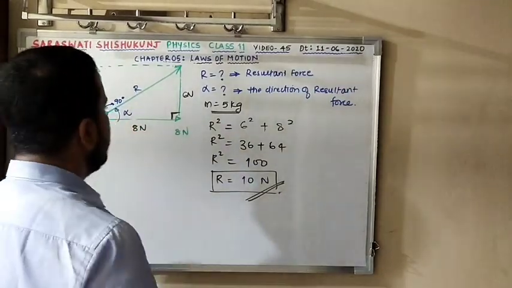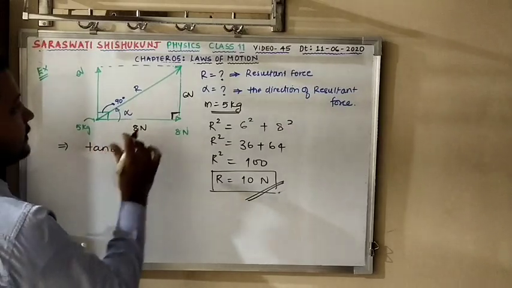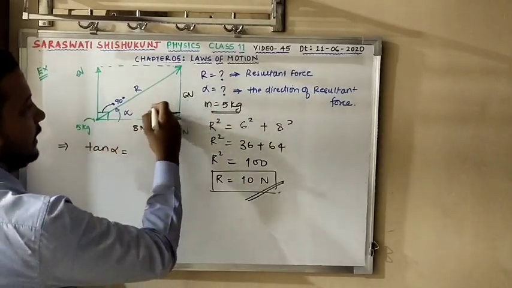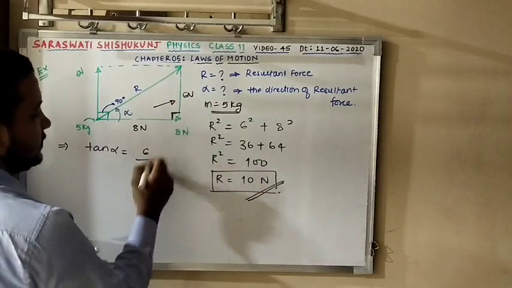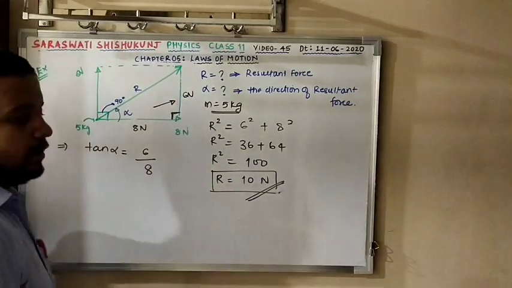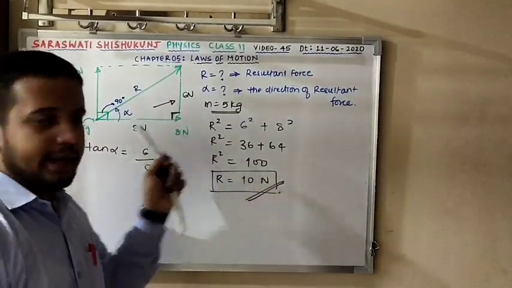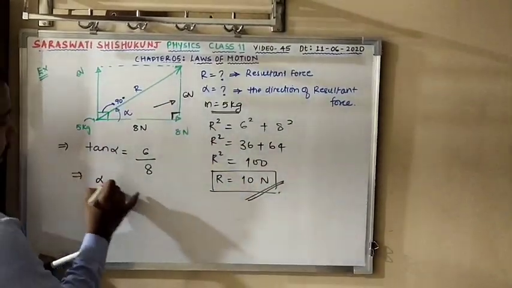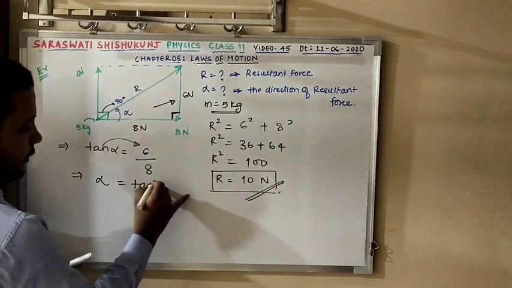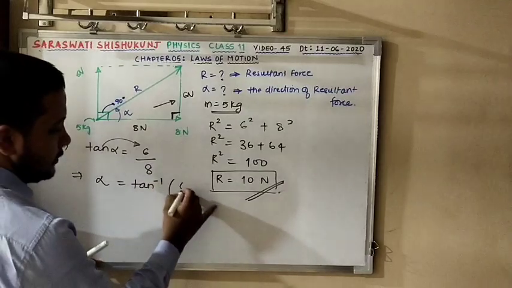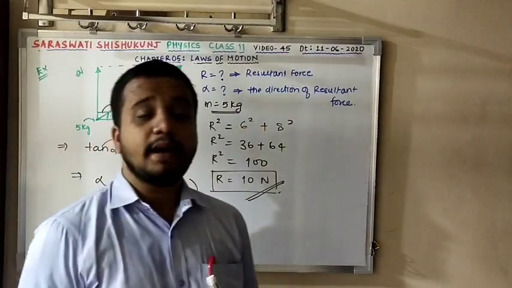Now if I want to find this alpha, can I apply tan alpha? Tan alpha is equal to opposite side over adjacent side. Opposite side is 6 Newton, adjacent side is 8 Newton. So alpha is tan inverse 6 by 8.